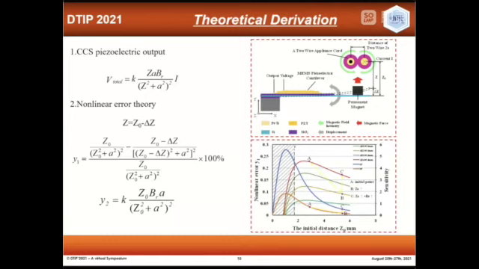The relationship between the nonlinear error and the initial distance Z0 is shown in the figure. At the same time, the sensitivity of the system will change with the distance between the cantilever and the wire, and it can be deduced from the above formulations as follows.